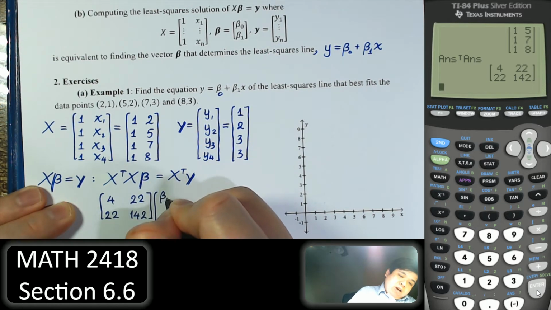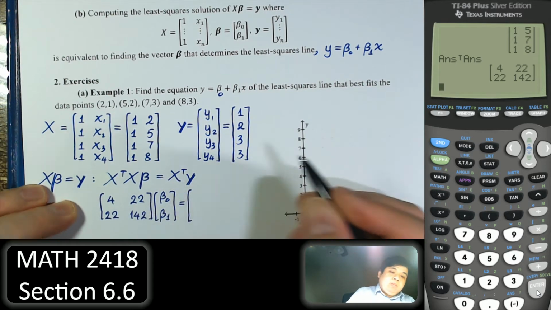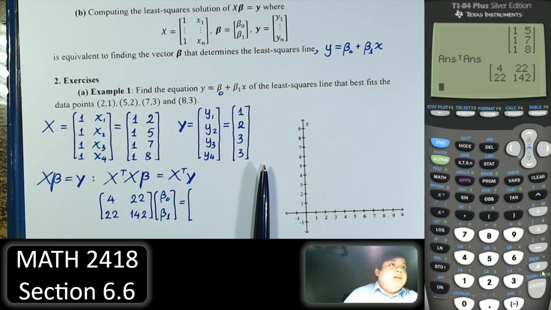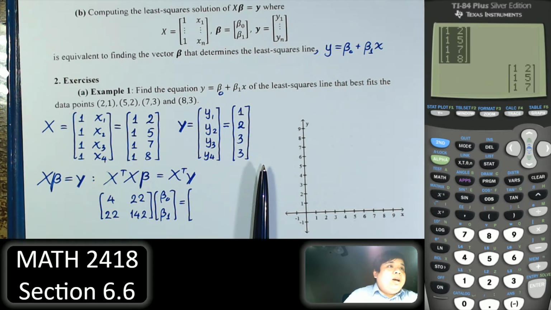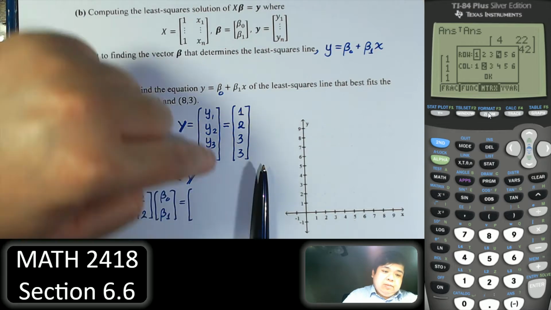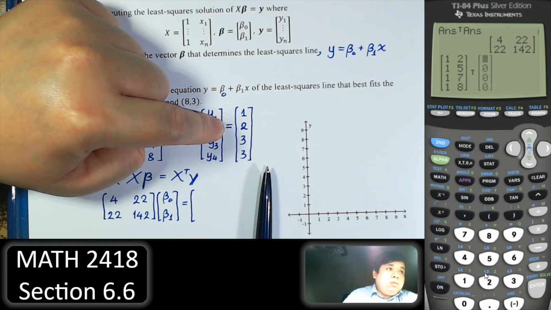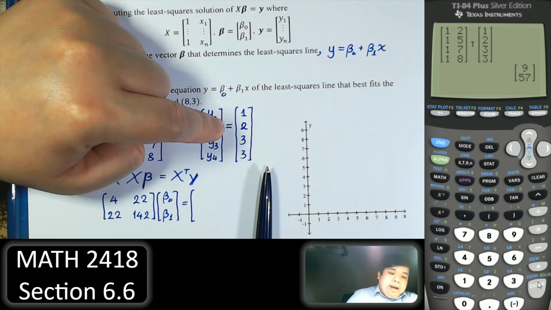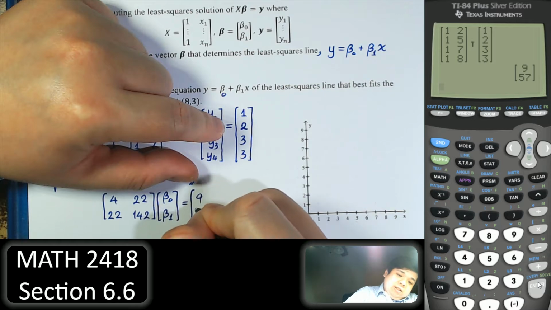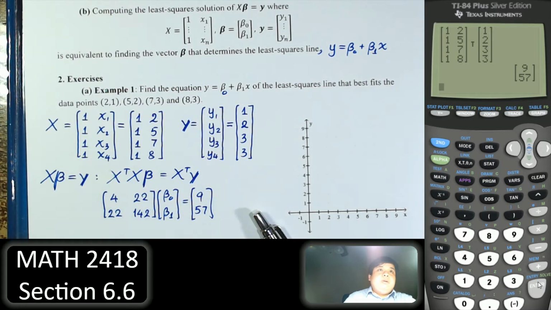Beta is beta naught, beta 1, and for y that means x transpose y, which is 9 and 57. Just solve this system of equations.